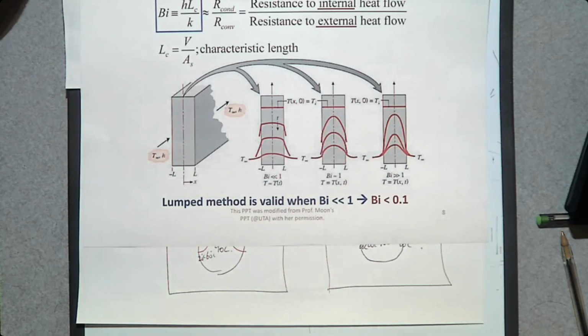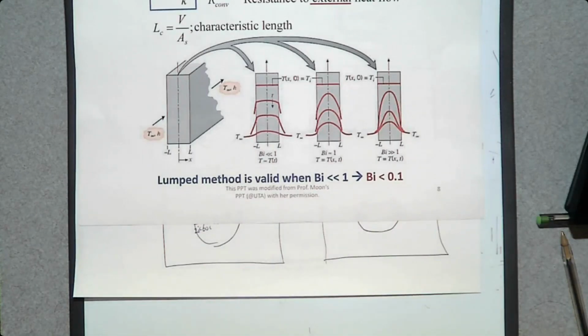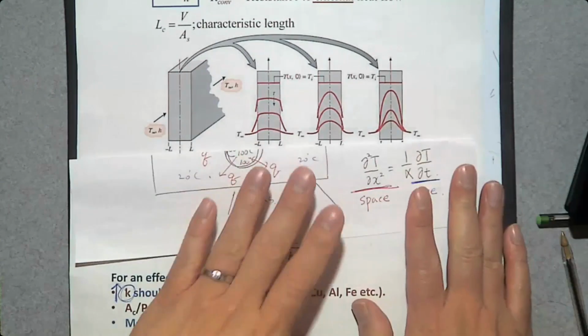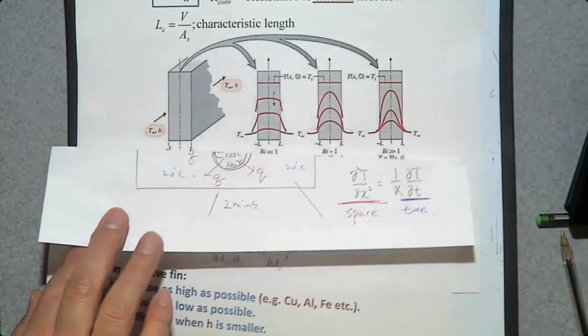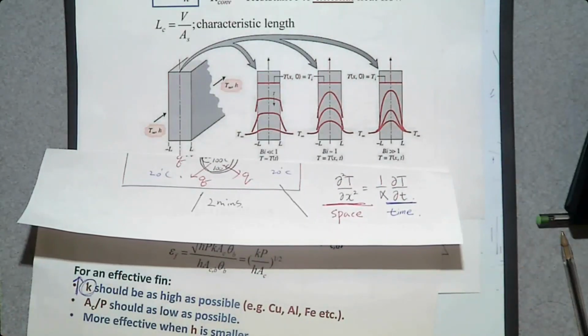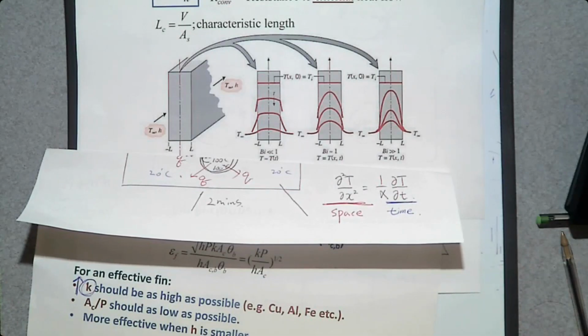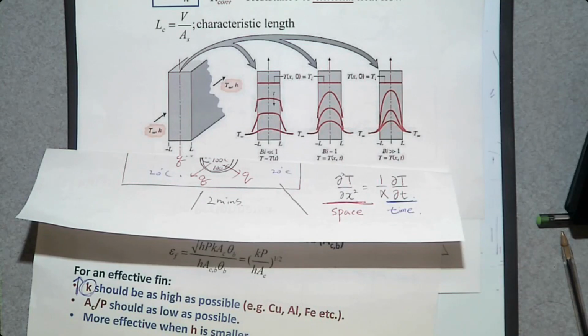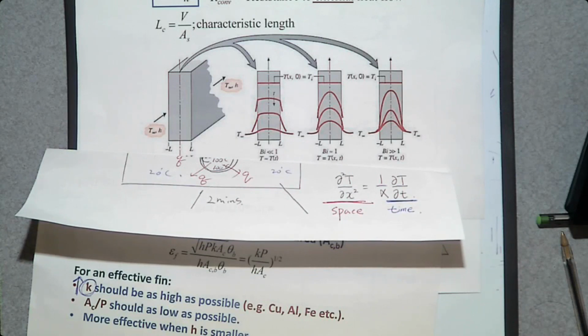Then going back to the governing equation, the left-hand side shows the temperature gradient in the solid. In this case, partial T squared over partial x squared is going to be a significant number. On the other hand, if the temperature is almost uniform, the left-hand side is going to be almost negligible.